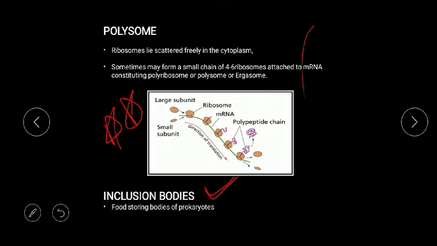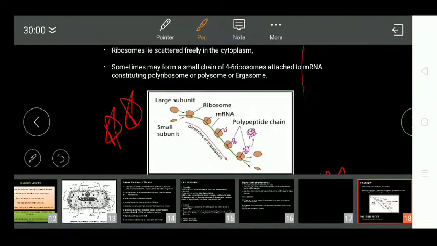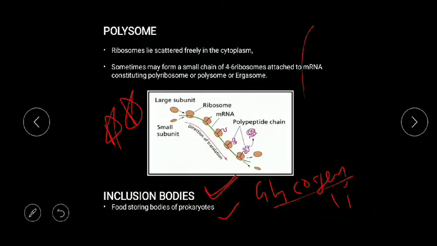Next we start with inclusion bodies. These inclusion bodies are the food storing bodies in prokaryotes or bacteria. In these we have seen some glycogen granules and some lipid granules.